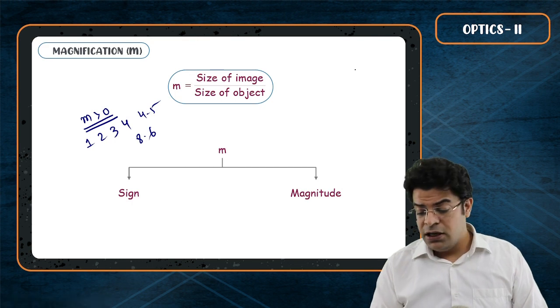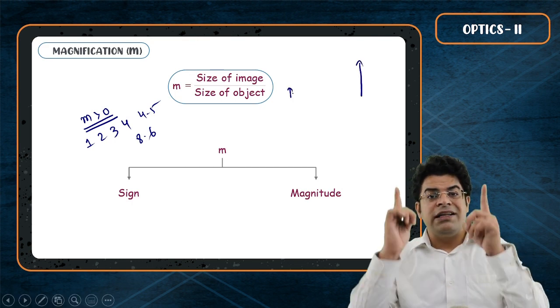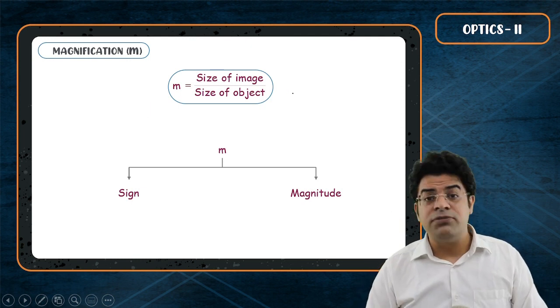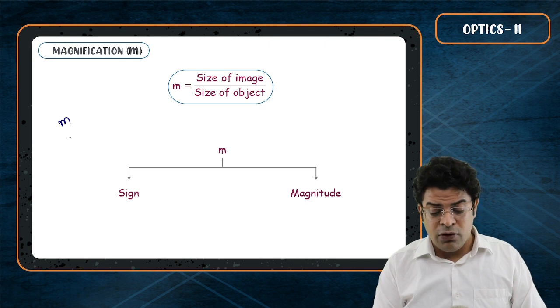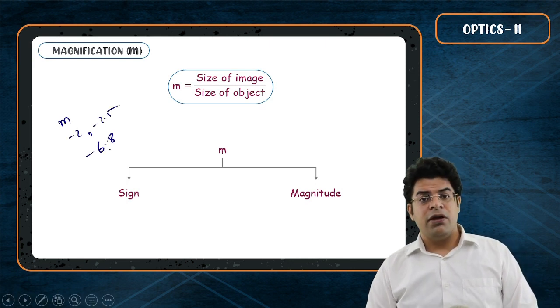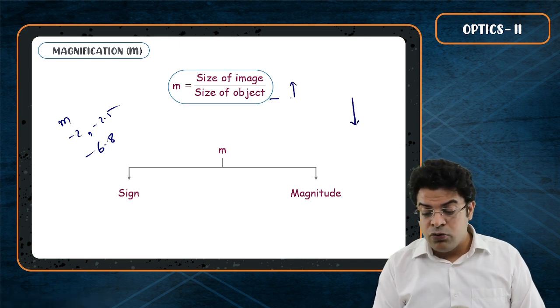It means that the image is erect with respect to object, so they point in the same direction. If the sign of magnification comes out to be negative, let's say the magnification came out to be minus 2 or minus 2.5 or minus 6.8, it means that the image is inverted with respect to object.